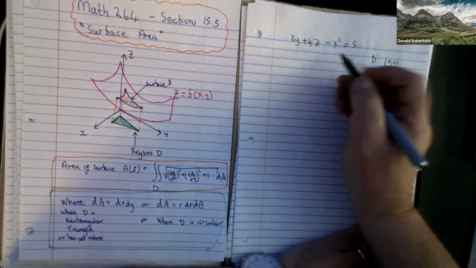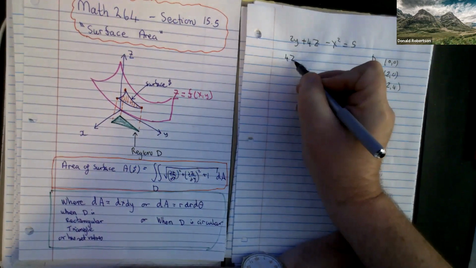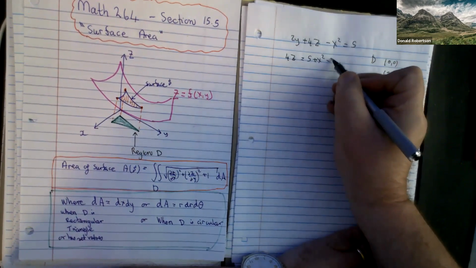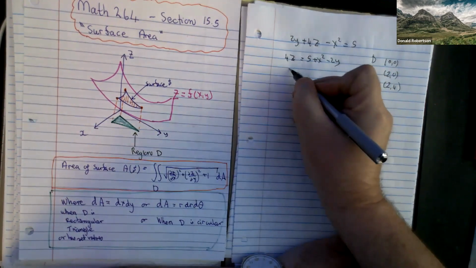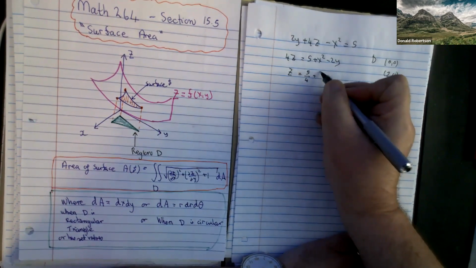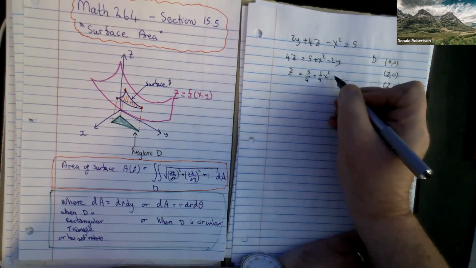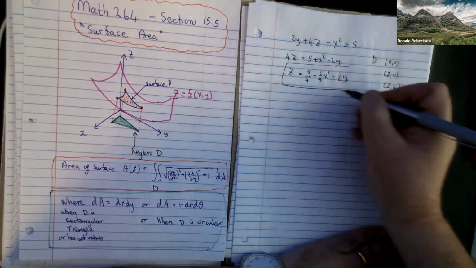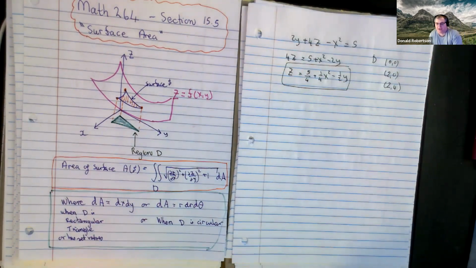So this guy here needs to be written as Z. So add an x squared to both sides, take away 2y from both sides. Divide everybody by 4. And that is the form that Z needs to be written in.